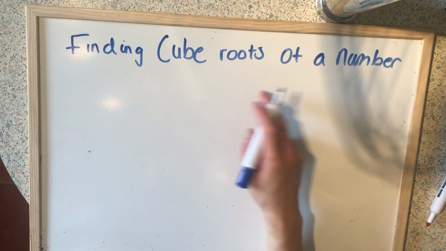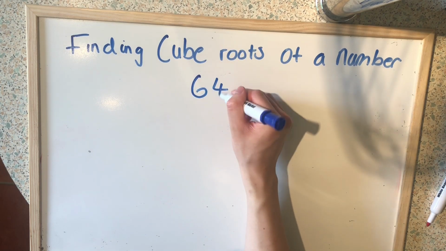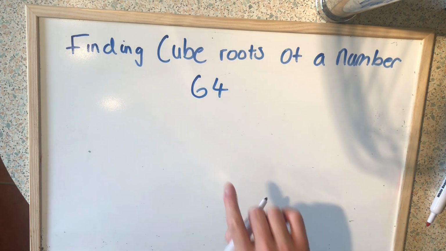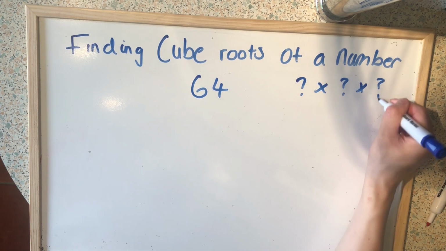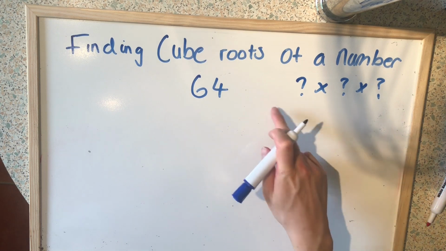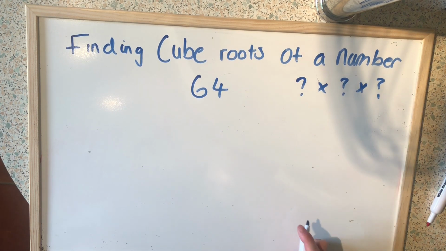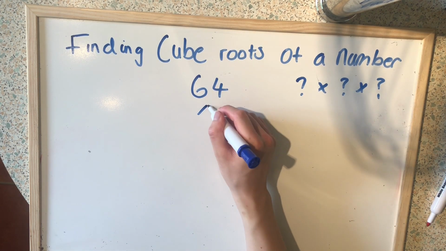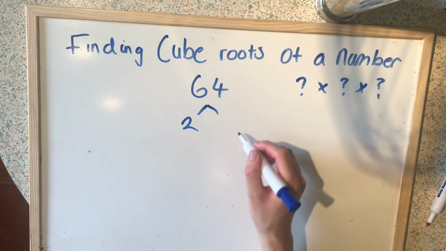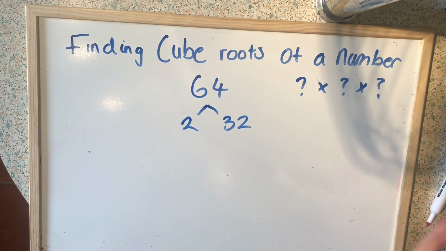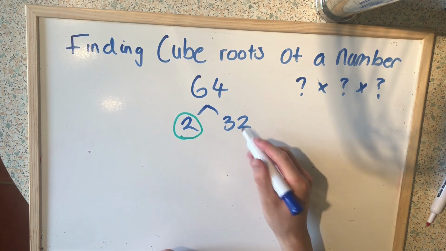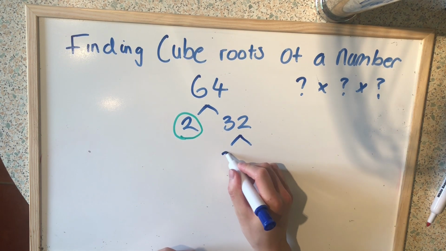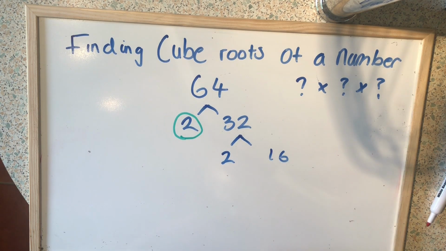Let's find a cube root of 64. So we've got some number times the same number is 64. I'm going to find out this number here. So the 64 we know we can split into 2 and 32. We know that 2 is prime. 32 can be split into 2 and 16.